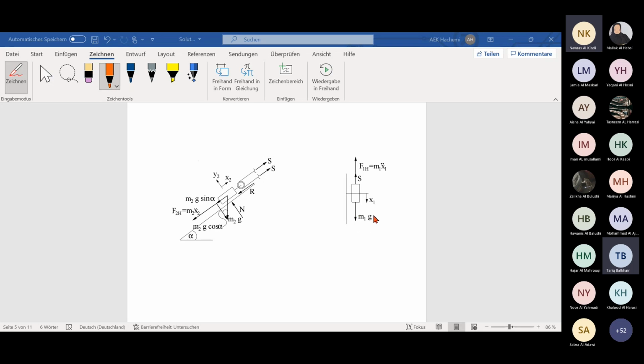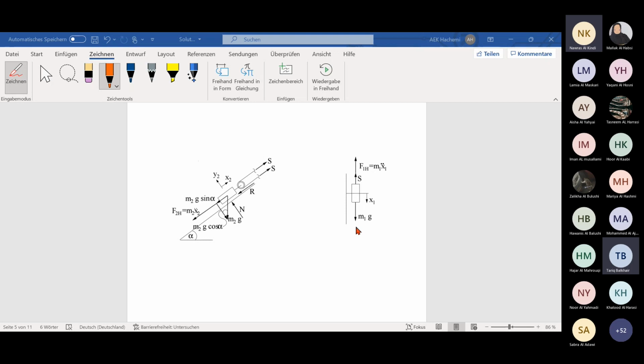That means we have M1G. We have the cable force S. The same cable force is transmitted everywhere on the cable. We have the friction force R, we have the contact force N, and we have the weight of the mass M2, M2G. The motion is along the X2 direction, and here we have the X1 direction.